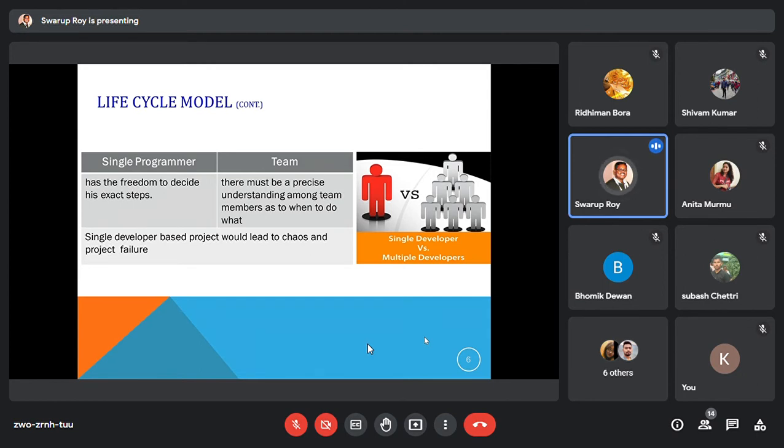They have different levels of experience, and they report to the higher levels of the hierarchy, so there is good coordination among the team members. In that case, chances of project failure are very low, almost negligible.